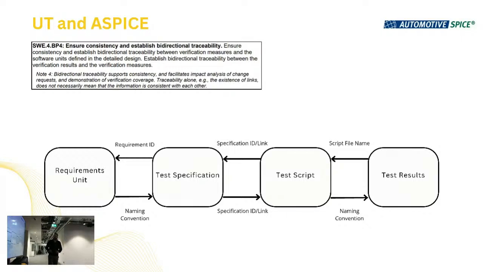Here, one of the ones I like the most, honestly, is about traceability and bidirectional traceability. What it means is that across the different artifacts, you need to know what is covering or matching what. Let's look at the example. I have requirements, and I need to know what test cases are validating each requirement. Through a naming convention, for example, the name of the requirement in the test case header of the table, when we have the test specification, we can have one field on the specification called requirements validated.